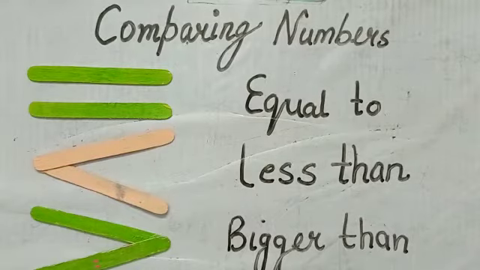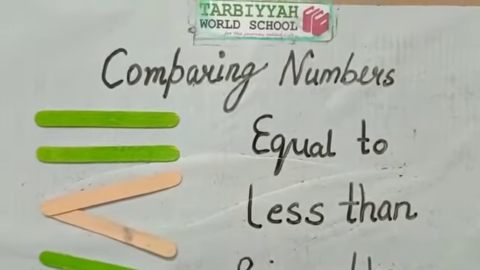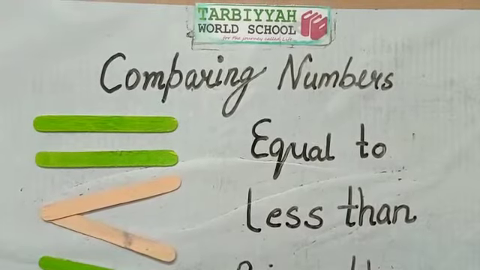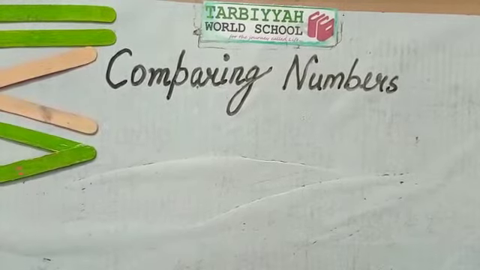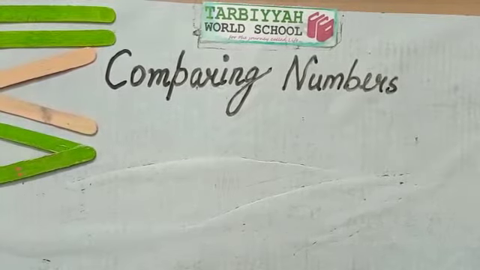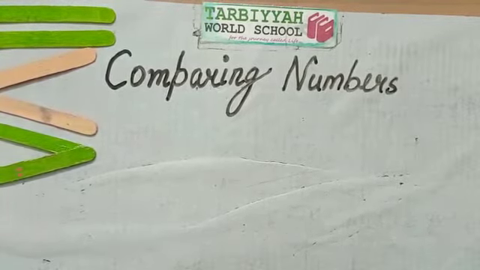Let's do an activity for comparing numbers. As we have done up to 6-digit numbers, we will not compare the smaller numbers here because you have learned that in previous classes. Today we will compare the bigger numbers.